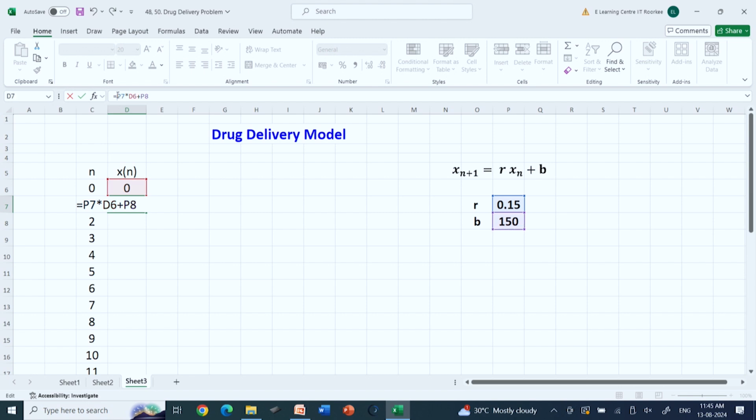The value of r is constant and the value of b is constant, so I put a dollar sign and enter.